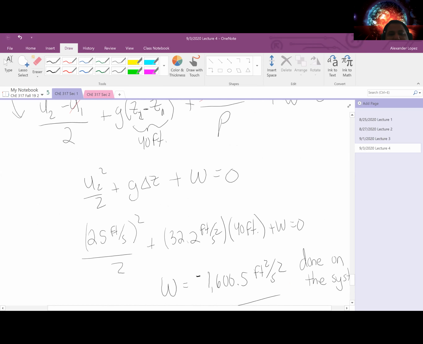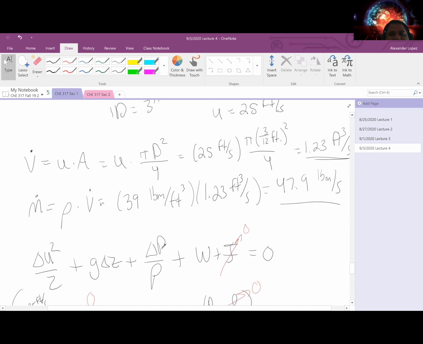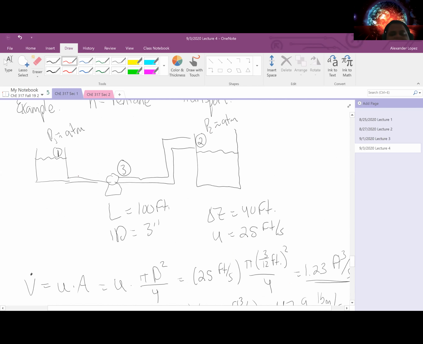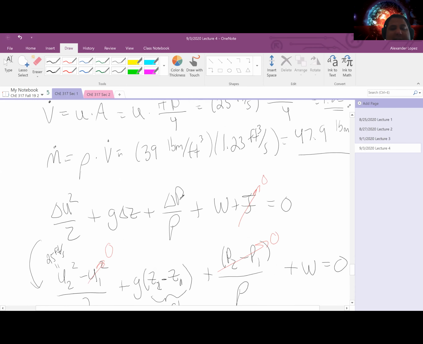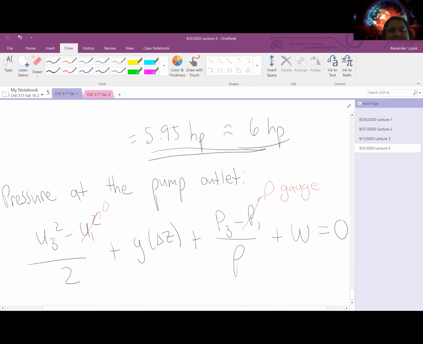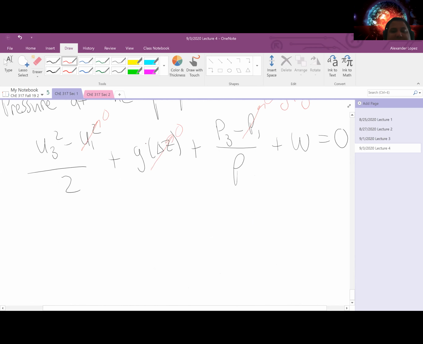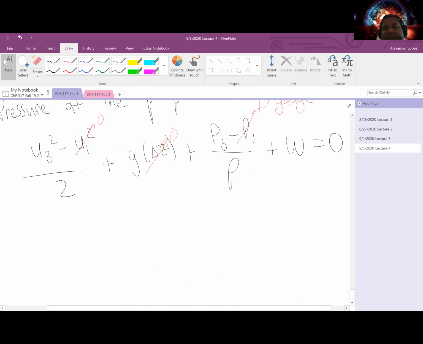How I drew it, you can say there might be some elevation in terms of the liquid level in the supply tank versus the pump. So for all intents and purposes, I'm going to say this is negligible compared to the 0, just to make this a little more simple.